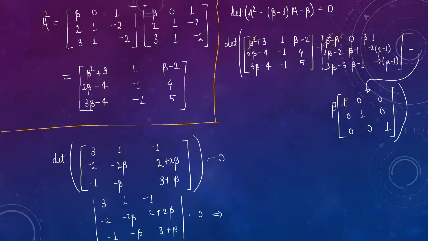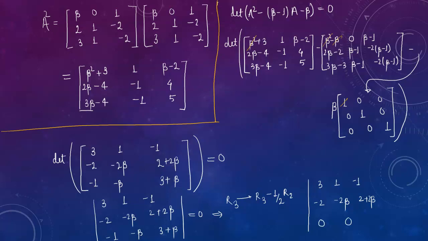If we apply here a row operation, that R3 goes to R3 minus half times R2, what will the determinant be is 3, 1, minus 1; minus 2 minus 2 beta, 2 plus beta, 2 plus 2 beta; and R3 is minus 1, and minus of half R2 will give us plus, sorry, this will be 0, and this will also be 0.